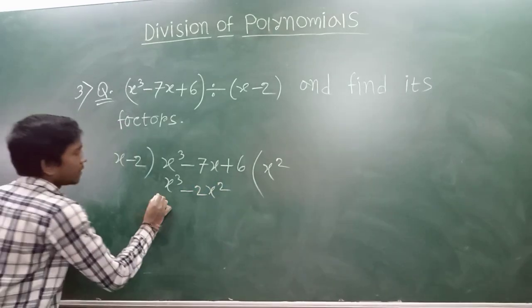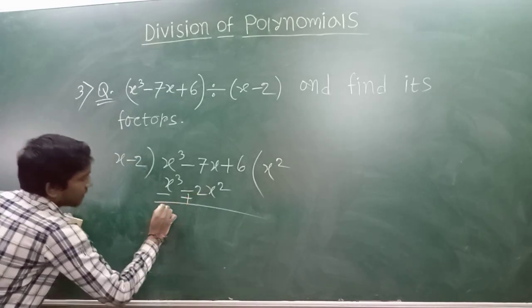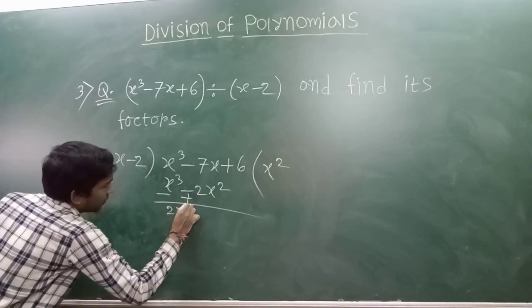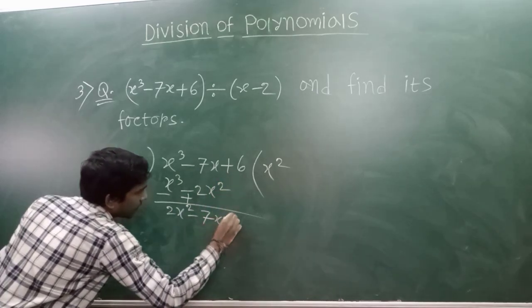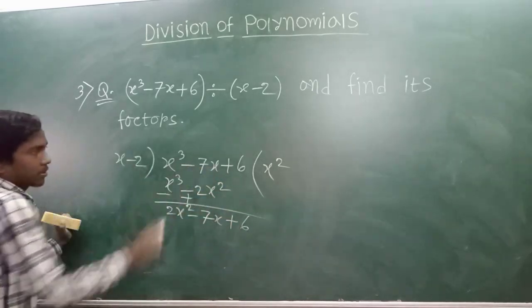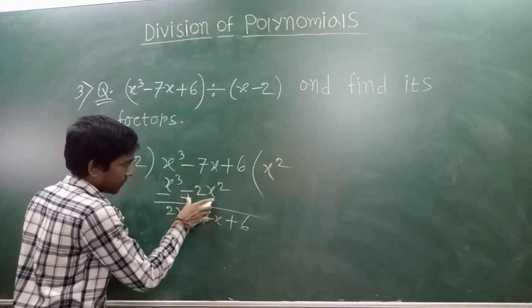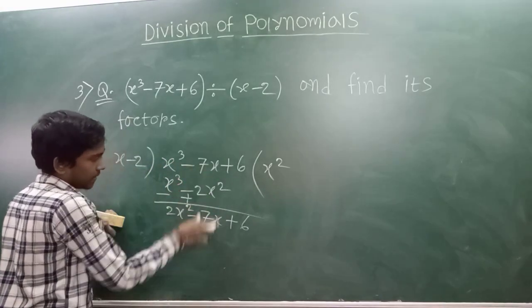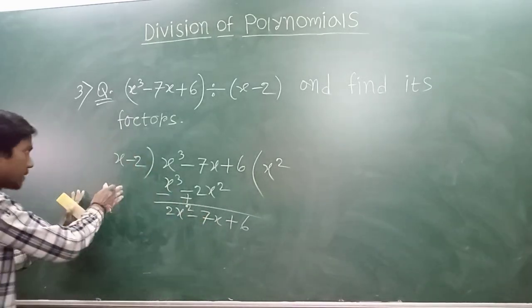Okay, students? Now change the signs. This is minus, this is plus. So plus 2x squared minus 7x plus 6. If we add these two expressions, x cube and x cube cancel out, and we get 2x squared minus 7x plus 6. Now repeat the same process. This is the dividend. This is the divisor.